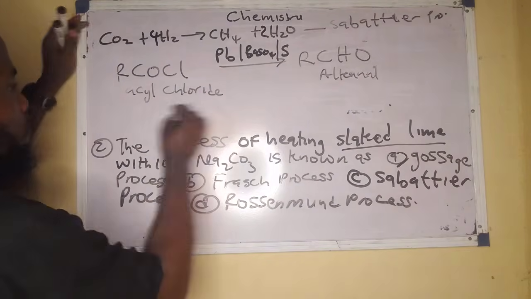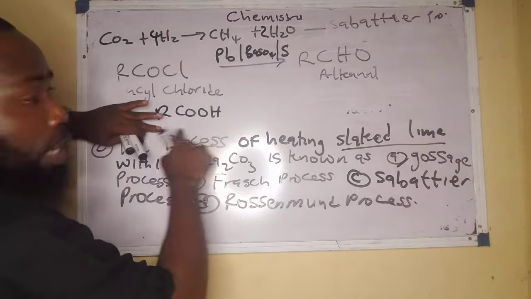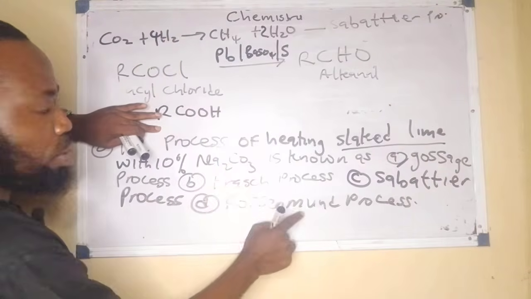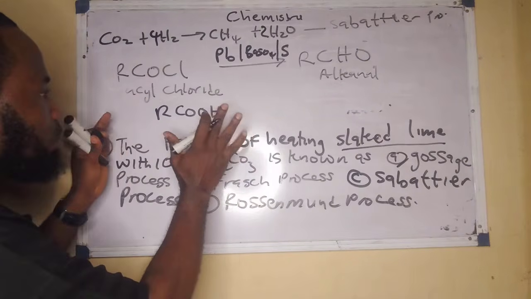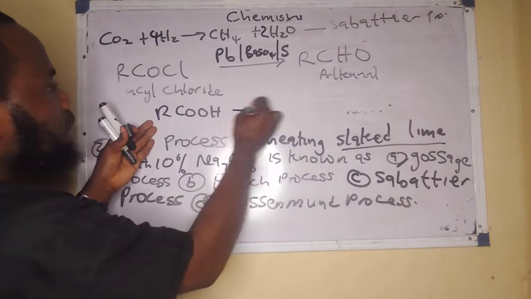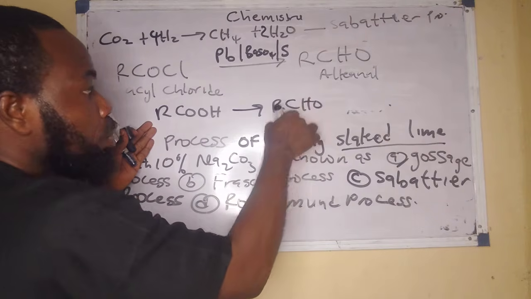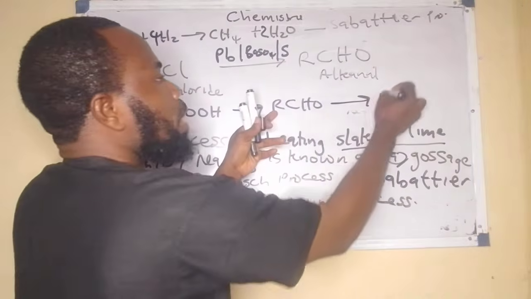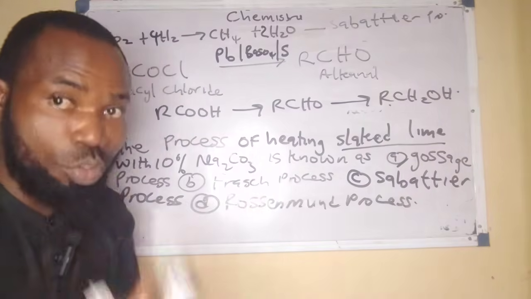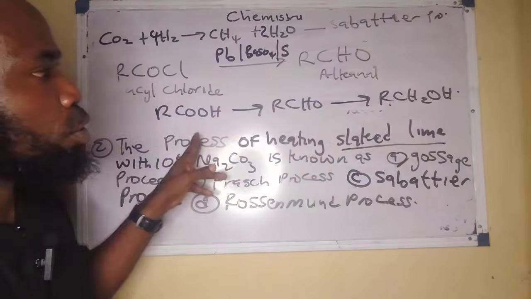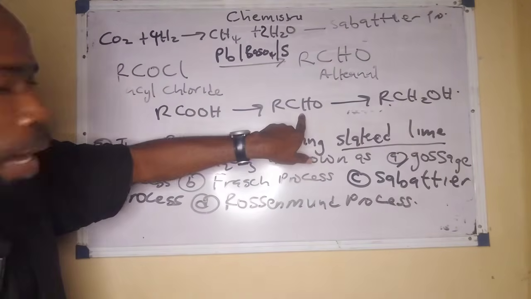Now, quickly, why did I say controlled? Because you all know that first off, if this is RCOOH, this is a carboxylic acid. Now, this might not be concerned with Rosenmund, but I just want to bring a general understanding of things. This carboxylic acid can be reduced to what? To alkanal, which can also be reduced to primary alcohol. That is to say, if I revert the reaction from primary alcohol, I can oxidize primary alcohol to form alkanal.